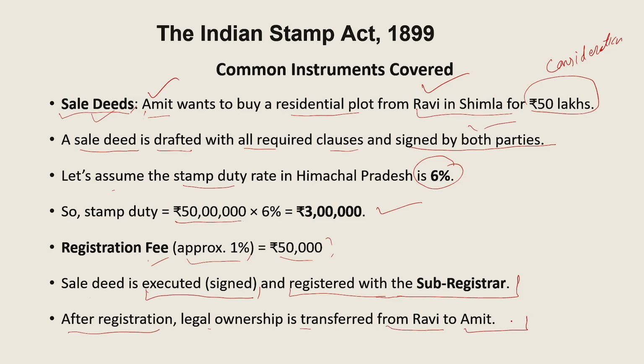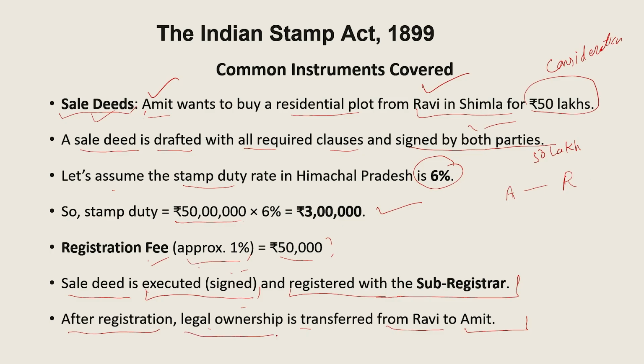Now, the two or three important points in this discussion are that there is a sale deed between Amit and Ravi, and this sale deed is in consideration of 50 lakhs, and both the parties sign. The sale deed is executed, signed, and then it is registered in the sub-registrar office, and in this way there is transfer of ownership.